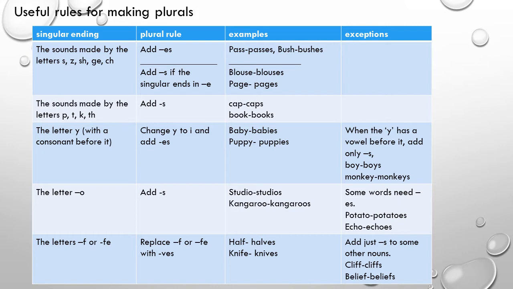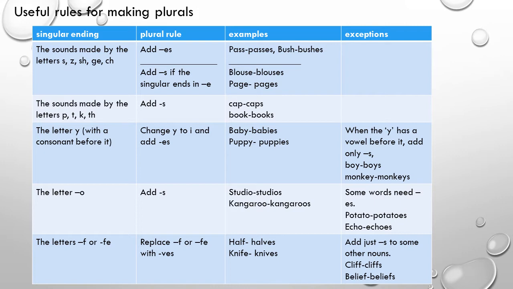When there are singular endings with CH, GE, SH, S or Z, then there is another rule also to form the singular into plural. Add S if the singular ends in E, right? So the examples are here in front of you.